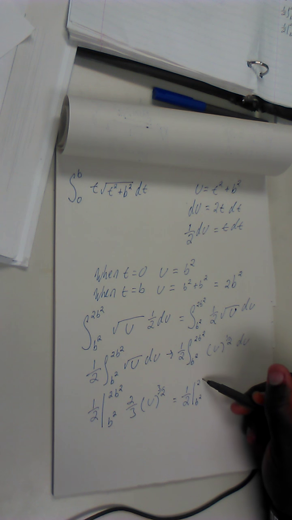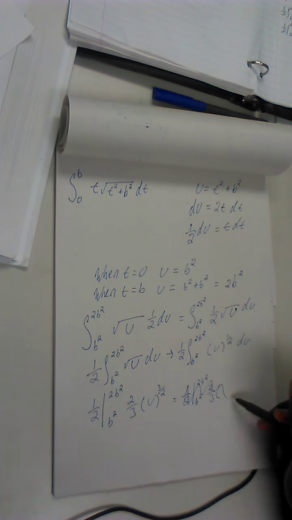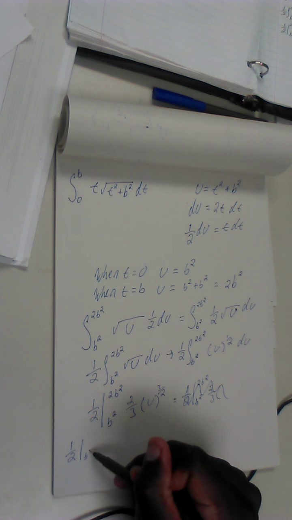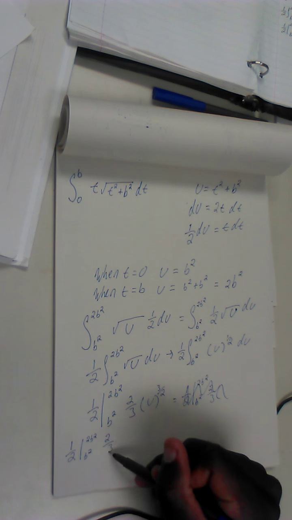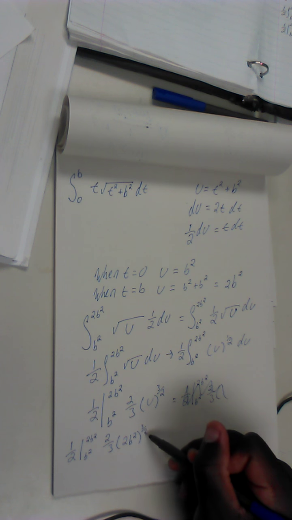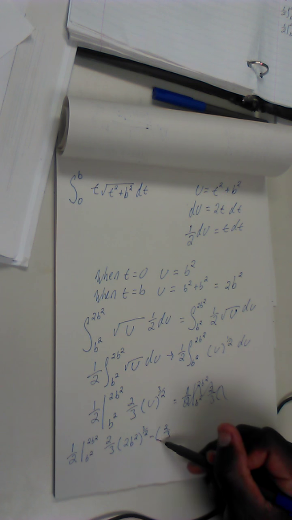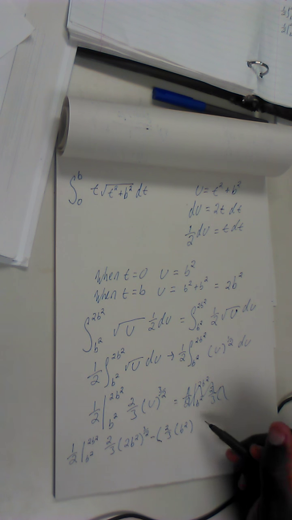I need more room. So we're looking at 1/2, b squared to 2b squared, 2/3, 2b squared to the 3/2 minus 2/3 b squared to the 3/2.